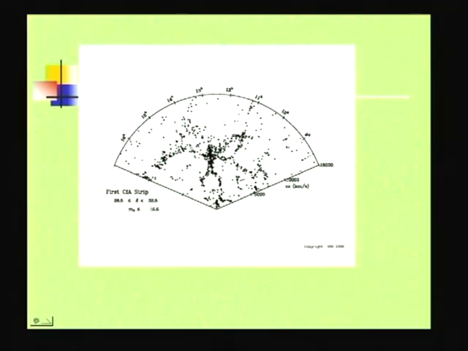What you see over here is actually a cluster of galaxies called the Coma cluster, and this very strange pattern is a consequence of the fact that this cluster of galaxies is a gravitationally bound object.